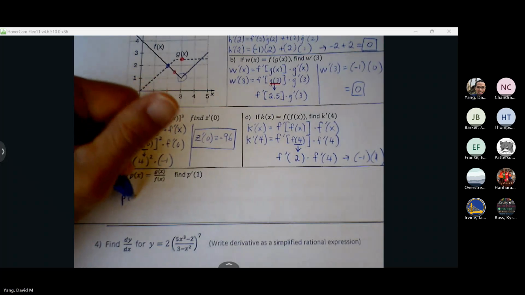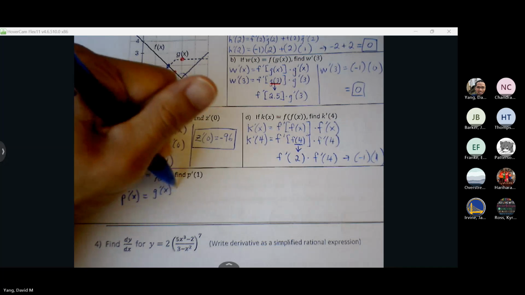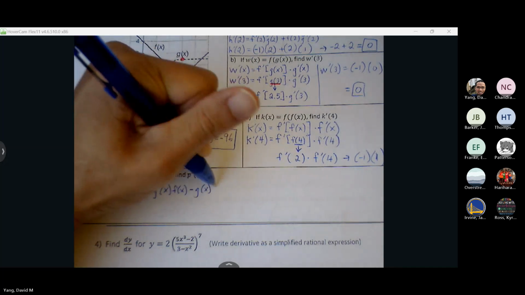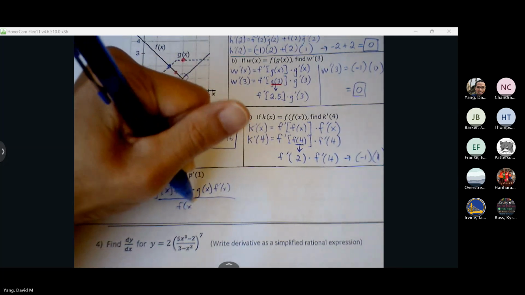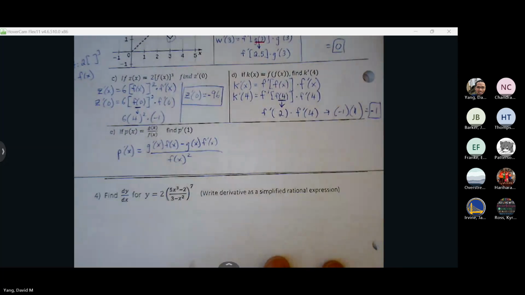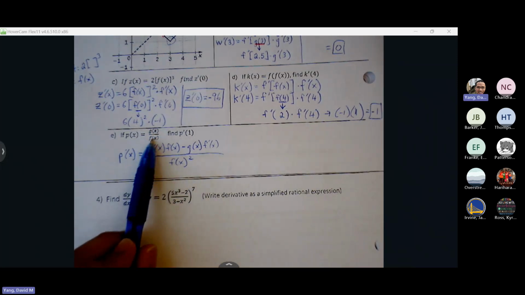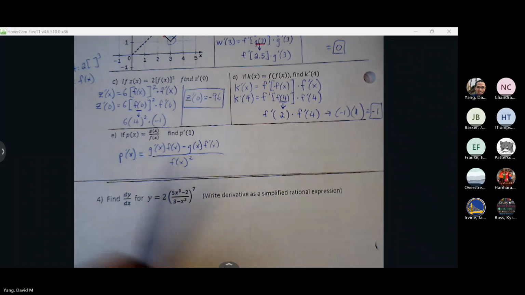So it's the top's derivative times the bottom minus the bottom times top's derivative all over the bottom squared.